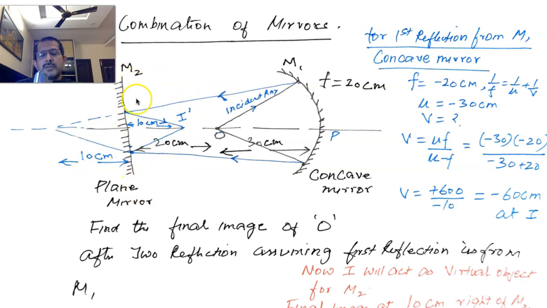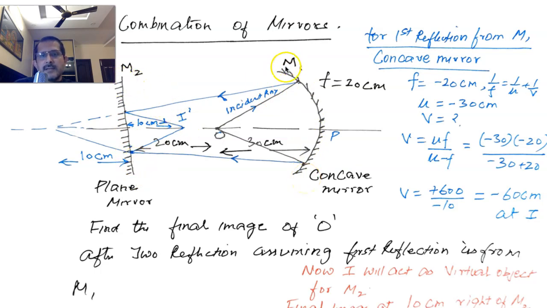If we have to check the combination of these, how it would be. So let's put a question to understand this concept better. The question is, find the final image of O, where O is the object. Let me reiterate the question again. There is a mirror M2 and there is a concave mirror.